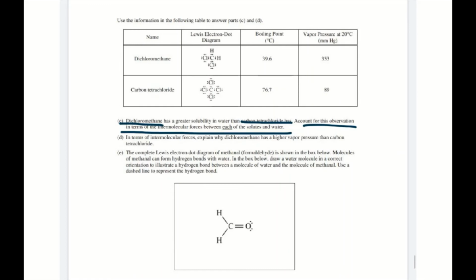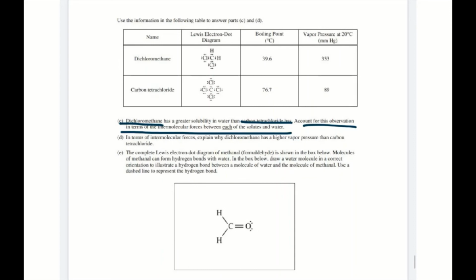And this is because the IMFs formed between like substances typically release enough energy to make up the lost energy spent breaking the other IMFs. Meanwhile, for unlike substances, what typically happens is that the IMFs formed are weaker than the IMFs that are broken, and because of that, unlike substances typically don't dissolve one another.